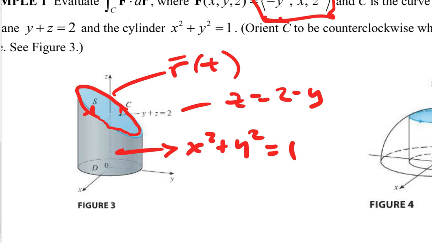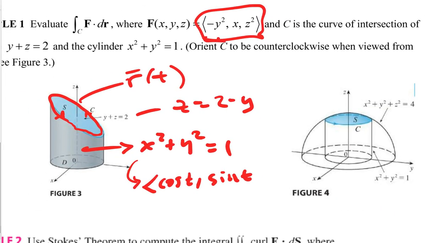So what you'd have to do is parameterize the cylinder as cosine t, sine t, and then you would use a z there.